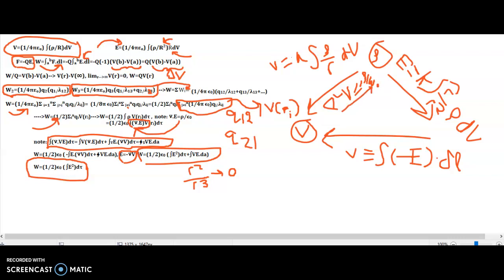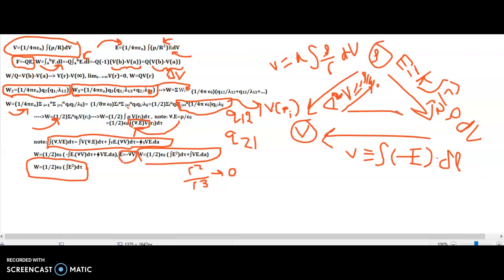So these arrows are indicating you taking one quantity and relating it to another. So here I'm starting out with the potential. It leads me to the charge density. Here I'm starting out with the charge density, and this arrow brings me to the potential.